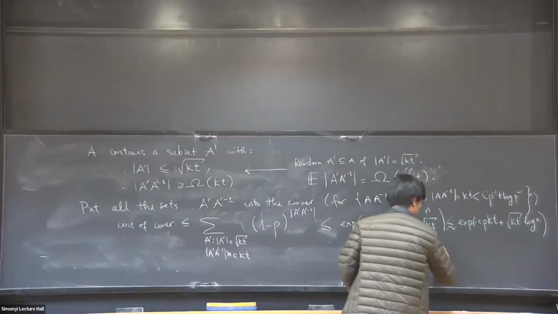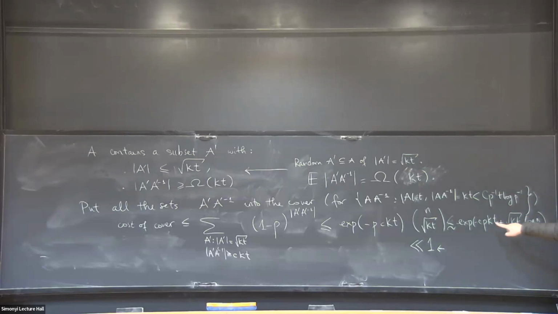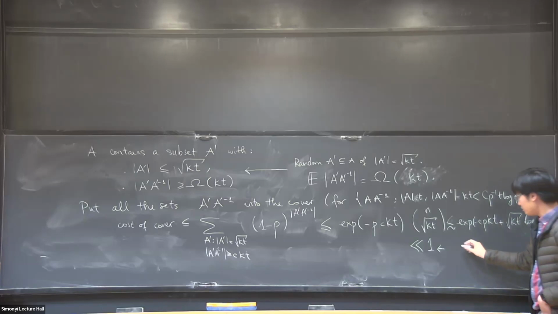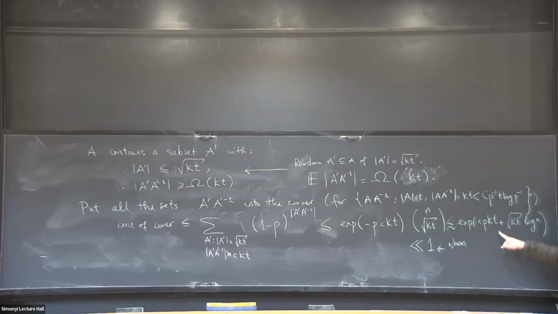So to see this, we can check what we need in order for this term to be small. This is true when we have that t times k times t is much bigger than square root kt. Let's say square root kt again, if you wish.